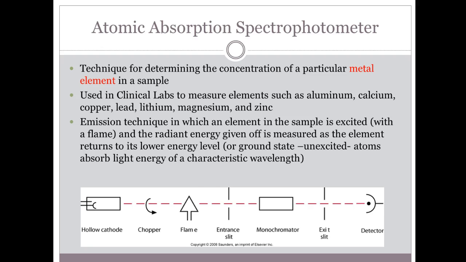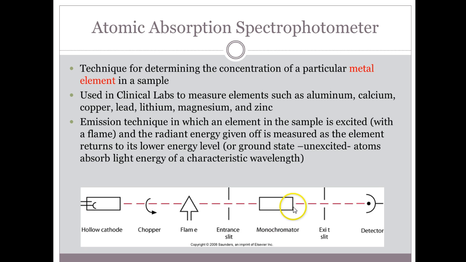The difference between this is you still have a light source, I'm on the bottom here, and the chopper kind of keeps it in a line. You have a flame that lights this sample on fire, and it creates a vapor per se.